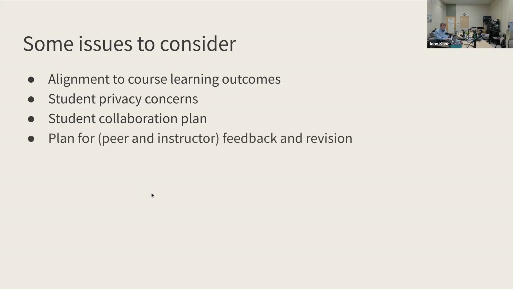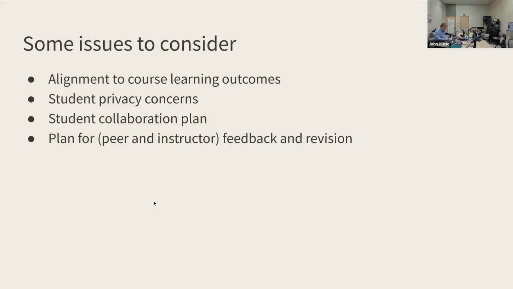You should also plan for peer feedback to make your workload a little bit easier and also so that students get more feedback, along with instructor feedback and revision. I put these slides together a couple of years ago and modified them a little bit, but we may also want to include some AI feedback because that's another way in which students can get more feedback than is possible for just their peers and just for the instructor to provide.